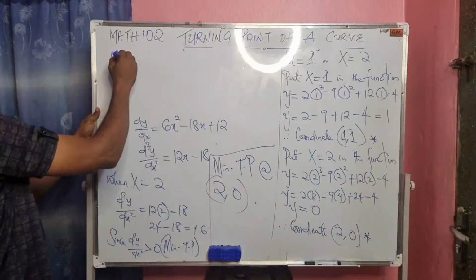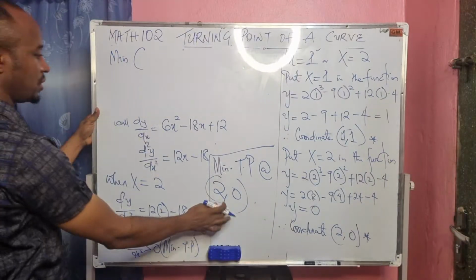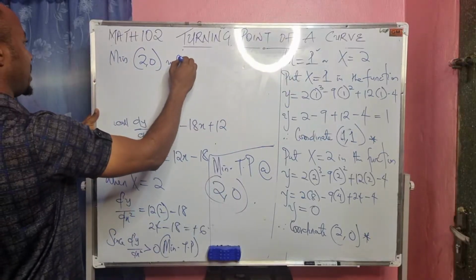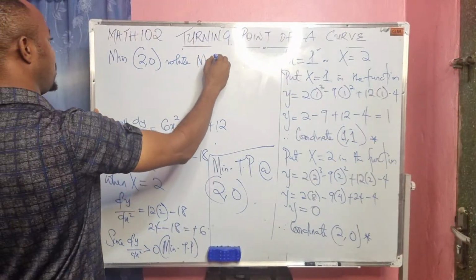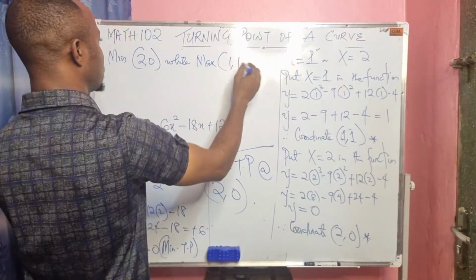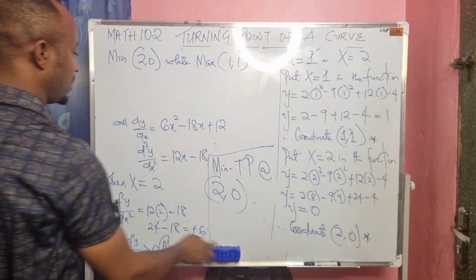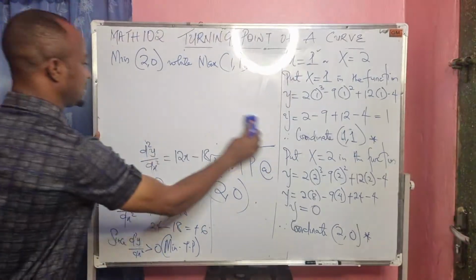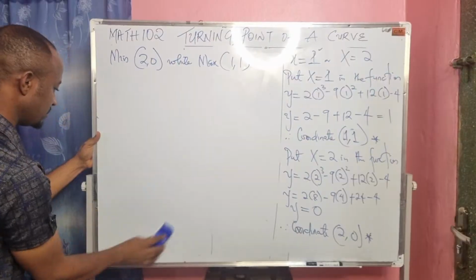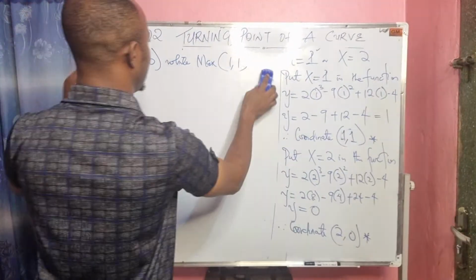We agree that the minimum occurred at (2, 0), while the maximum occurred at (1, 1). Now let's look at the curve sketching.